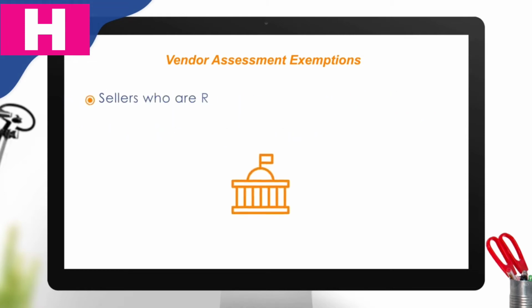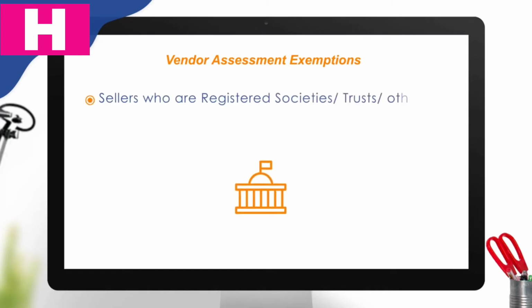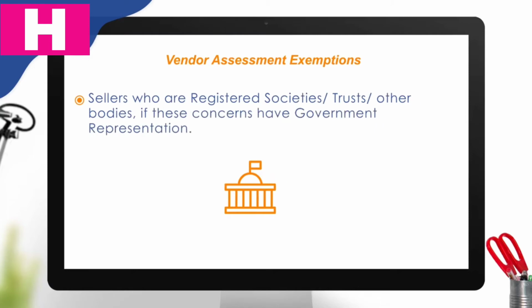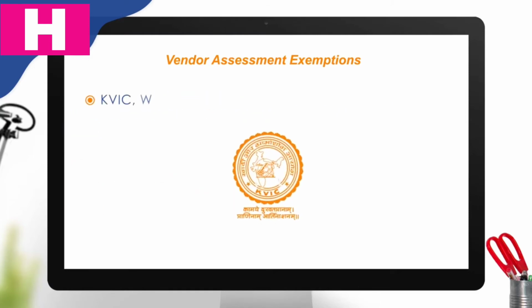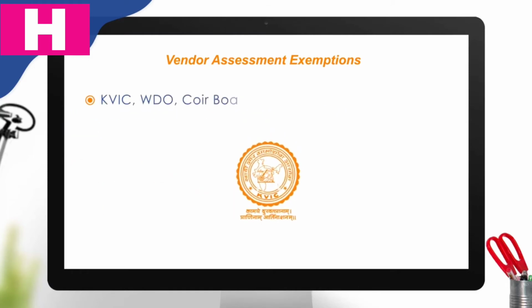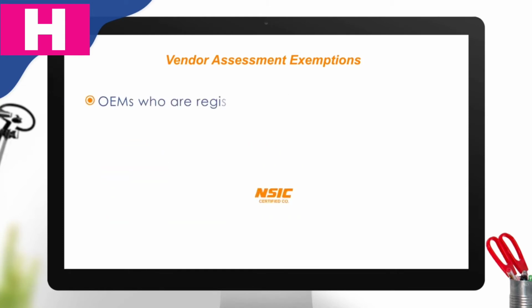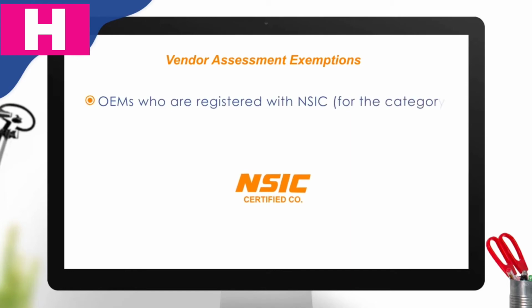Sellers who are registered societies or trusts or other bodies, if these concerns have government representation: KVIC, WDO, COI Board, TriFed. OEMs who are registered with NSIC for the category for which registration was obtained.